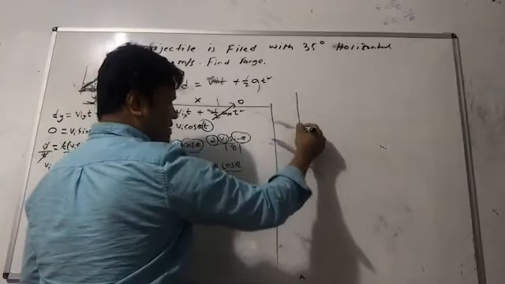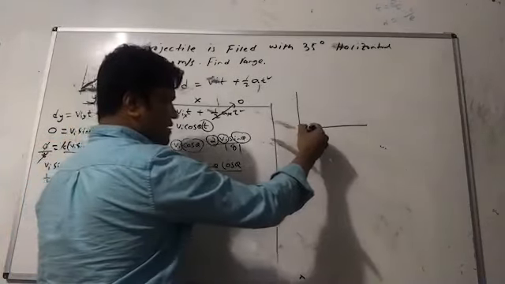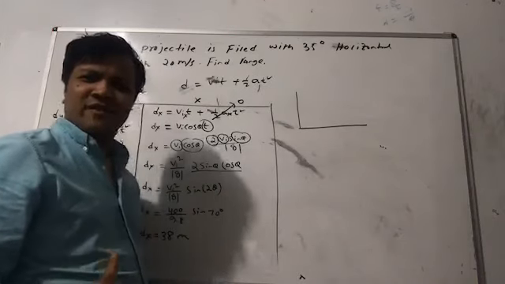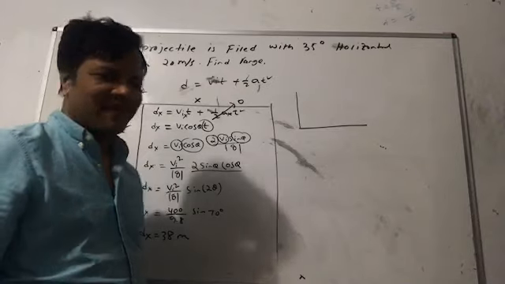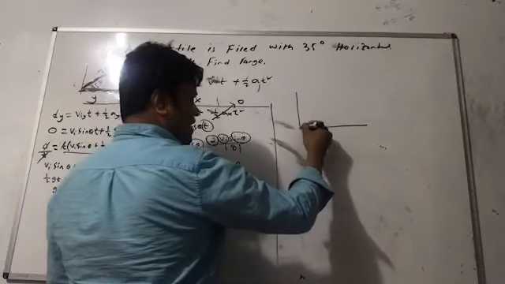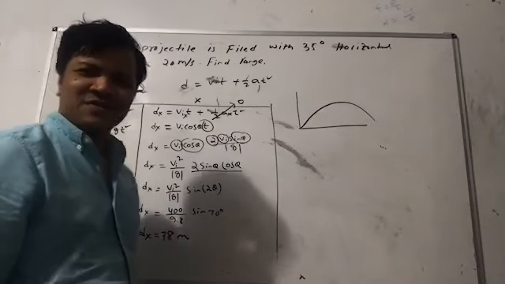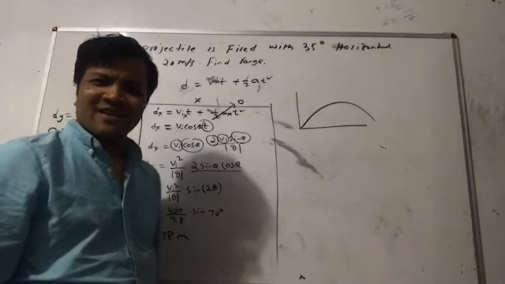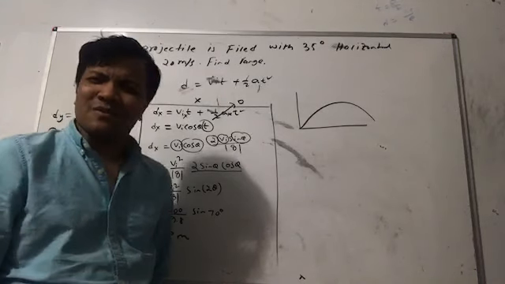So here is our problem. You fire a projectile. If you fire a projectile, what do you see? The projectile will come back. Of course, the velocity you're applying is 20, not 12,000.